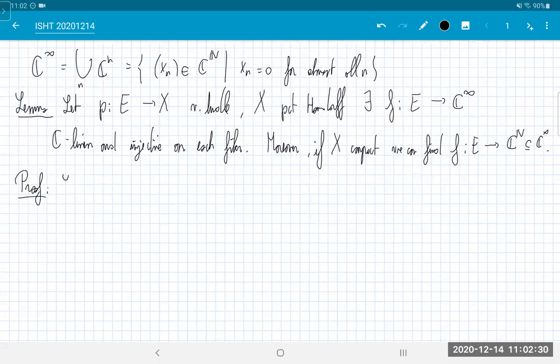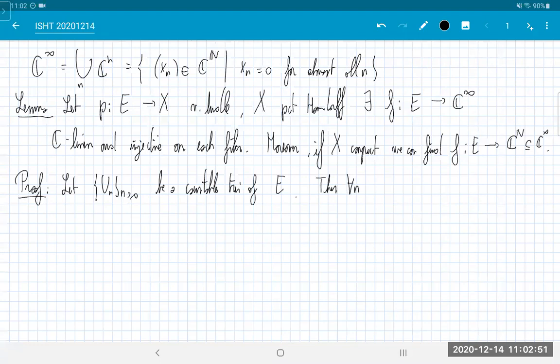So the idea: let U_n be a countable trivialization of E. Then for every n, we have in particular maps from E restricted to U_n into C^{d_n}.